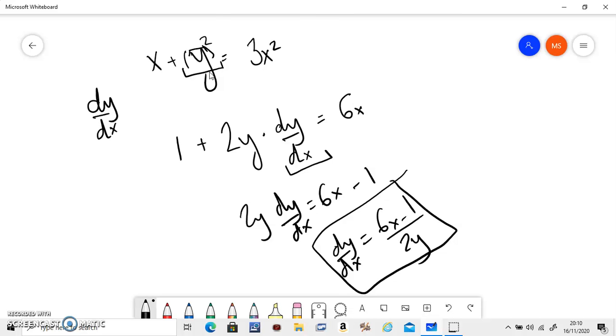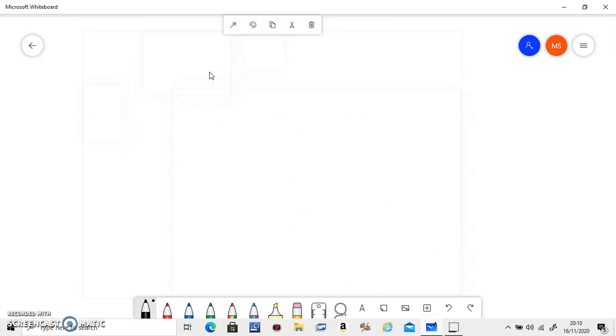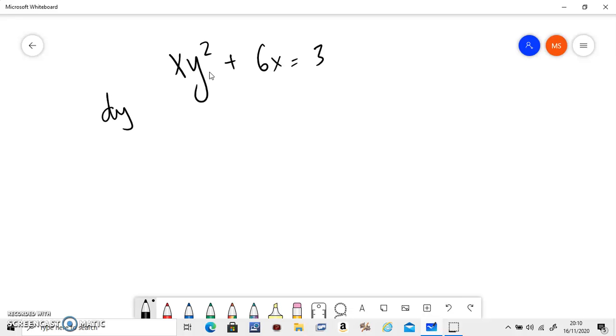Okay, let's do one more. If I give you xy squared plus 6x equals, say, 3. So now the question is to find dy by dx. Do the same thing. The first term is a product, so you'll have to use the product rule here.